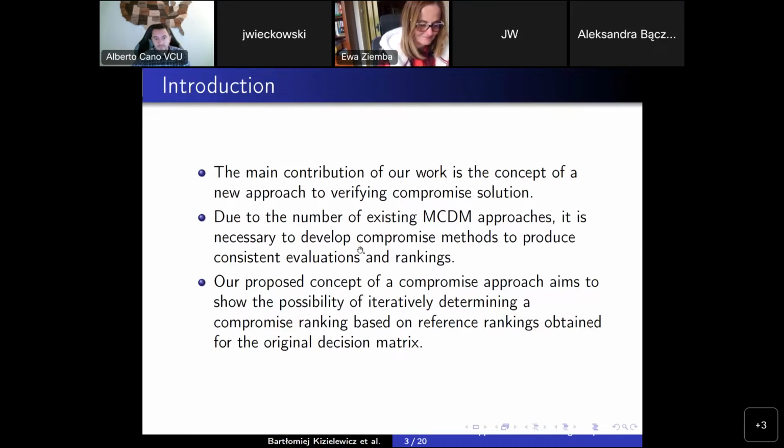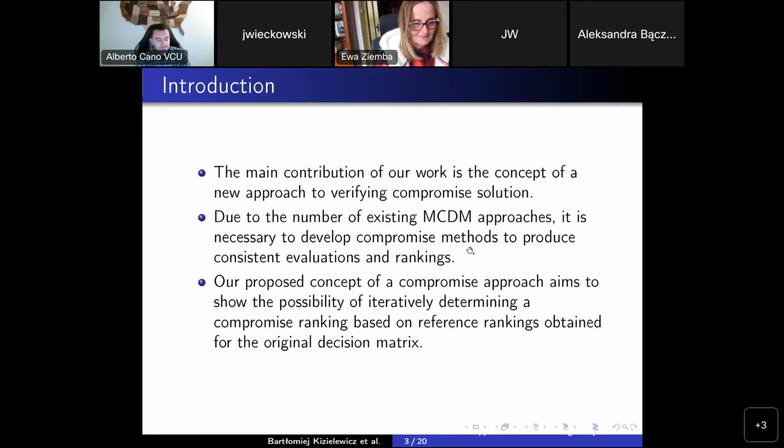And due to the existence of a lot of MCDA methods, it is common that multiple MCDA methods are used within one problem. They provide different rankings.